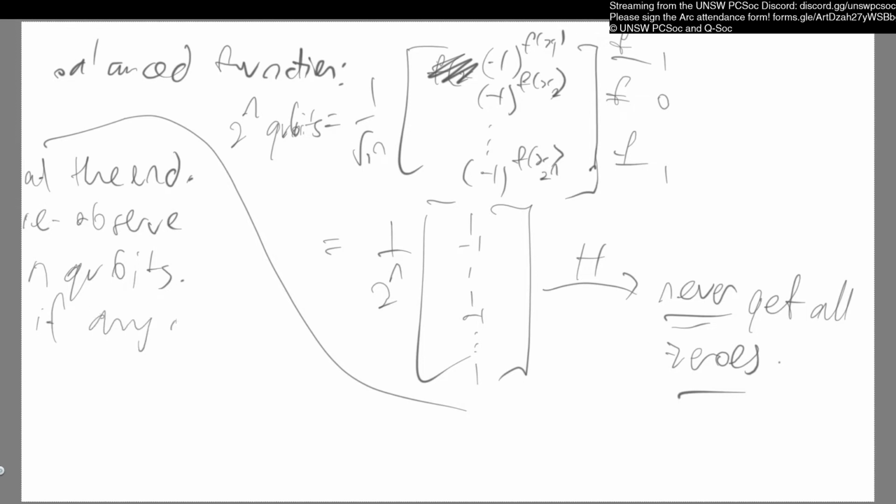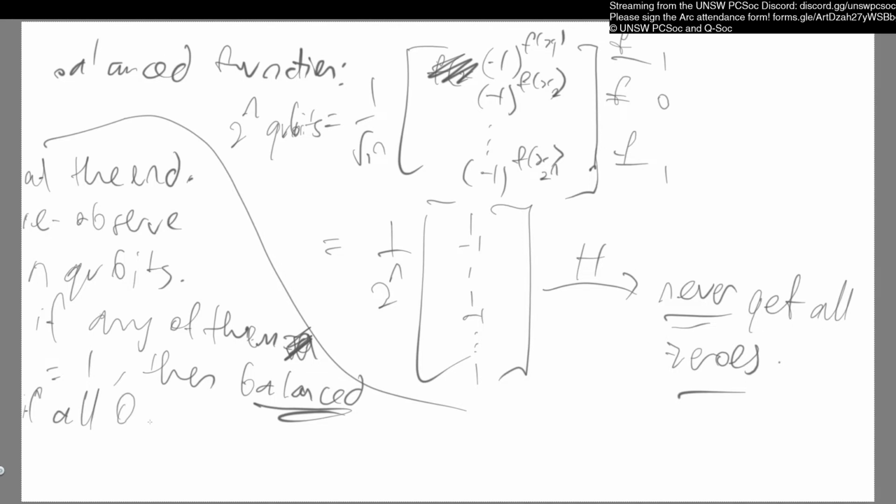If any of them is equal to 1, then you instantly conclude that it's balanced. If all 0, then you conclude it must be constant. And this all falls out from the maths.